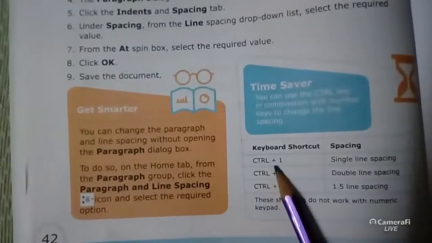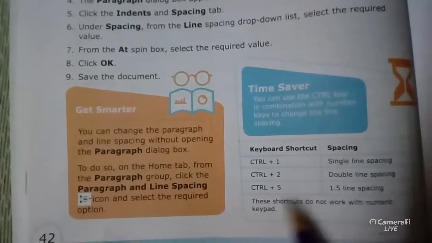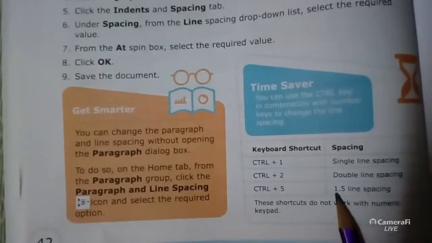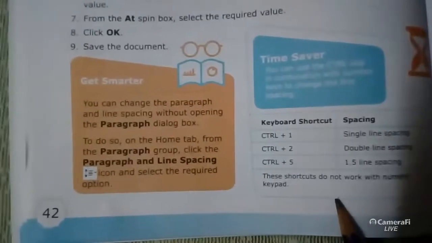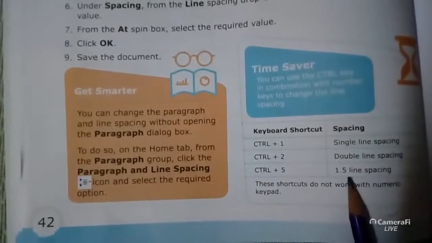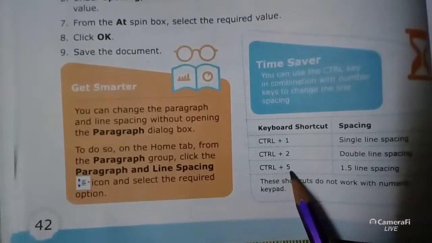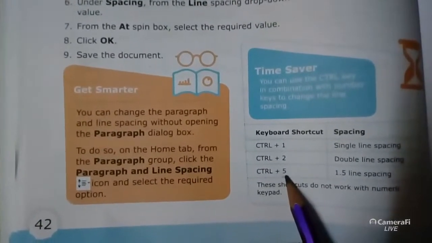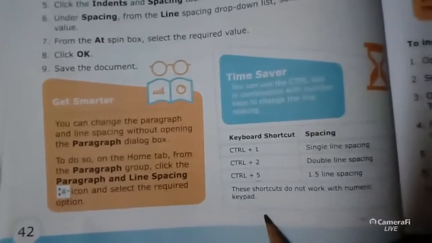Keyboard shortcuts: Control+1 is single line spacing, Control+2 is double line spacing, and Control+5 is 1.5 line spacing. 1.5 means not 2 lines, only 1 line and a half. But here you press Control+5 once, not 5 times. These shortcuts do not work with the numeric keypad. That means when you use the numeric keypad, it will not work.